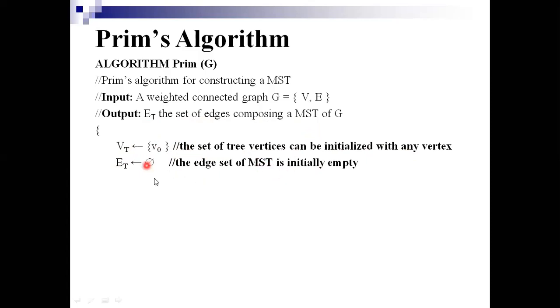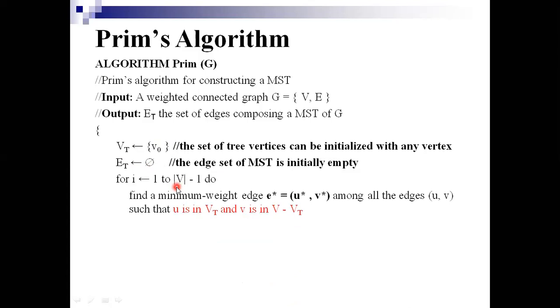Right now it is null. So I keep on adding the edge, and also keep on adding the vertex into my graph, right? That is, VT gets updated with a new vertex, ET gets updated with an edge. So which edge or which vertex should I select is this.